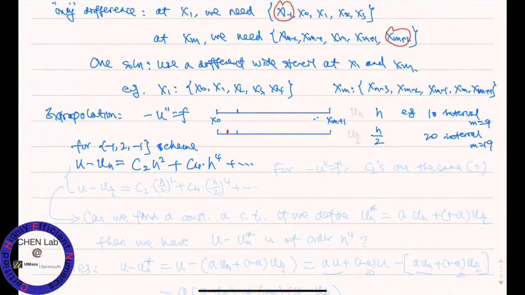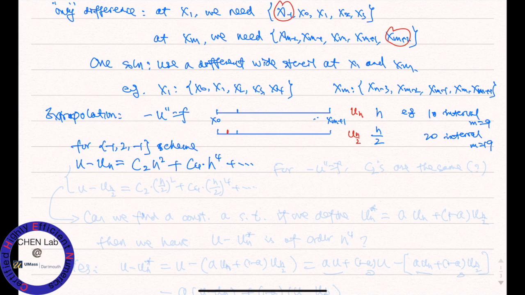We denote the solution for the first grid by u sub h, and the solution for the second grid by u sub h over 2, just to differentiate the two approximations on two different grids.